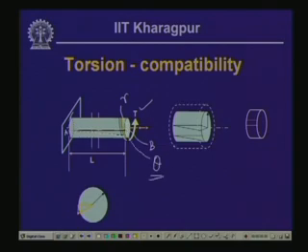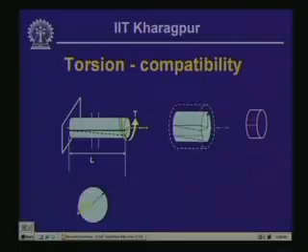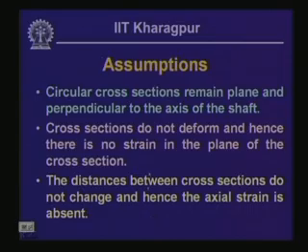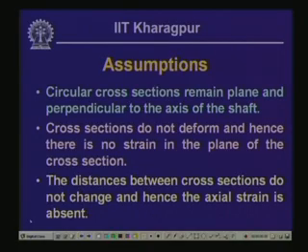So, because of the application of the twisting moment, the radius vector changes. Because of this twisting, the angular section moves and there is a change in the angle which we call theta. Now, there are some assumptions which we make. Circular cross sections remain plane and perpendicular to the axis of the shaft.